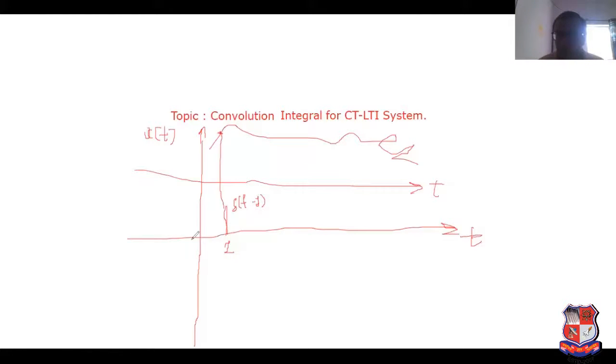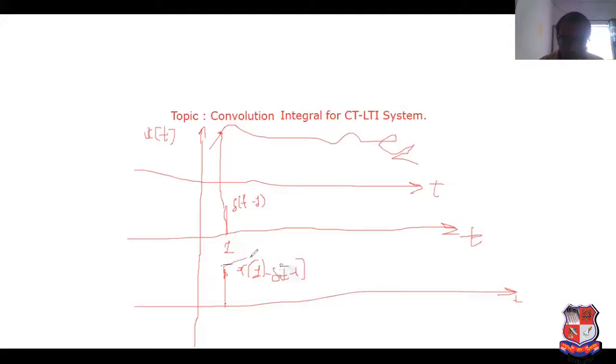This can be multiplied with here. So here on the time axis we can get the value which is known as x of 1 into delta of t minus 1.